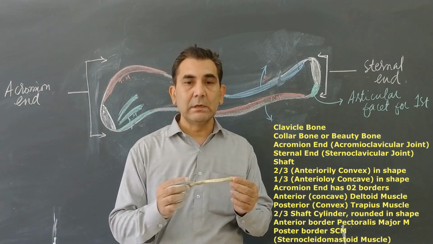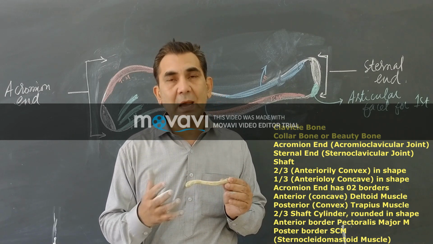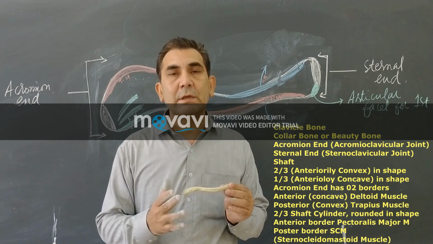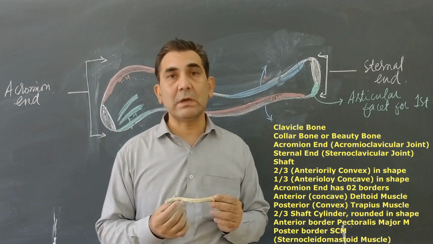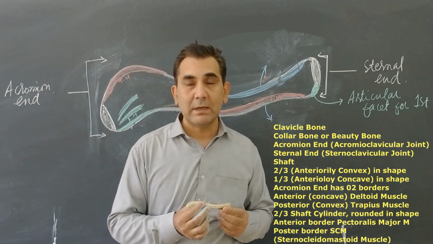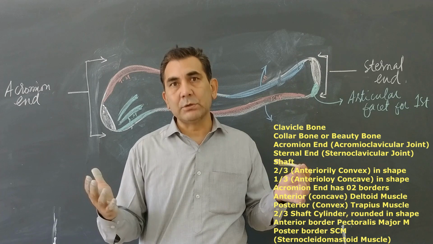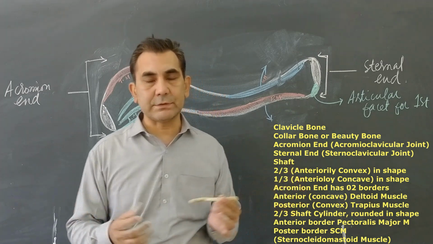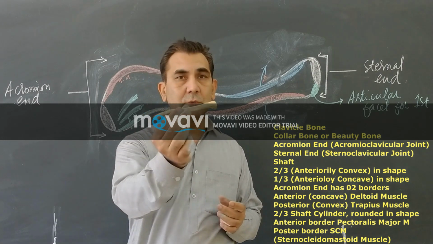Now, this is the best question for an anatomical viva. The examiner asks: tell me the name of this bone and how you can identify whether it belongs to the right side or the left side. This is the clavicle bone.